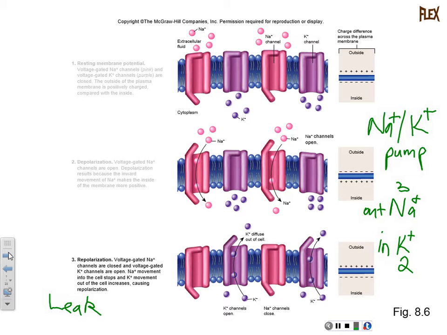Leak channels are not gated at all. They don't have a mechanism to shut and open. They're always kind of open. So the membrane has more leak channels for potassium than it has for sodium, so potassium leaks out a little bit more. Anyway, just know that there are other channels that are not gated, and those are called leak channels.